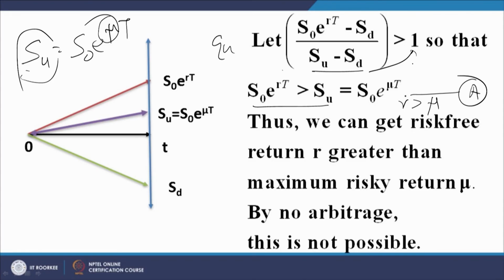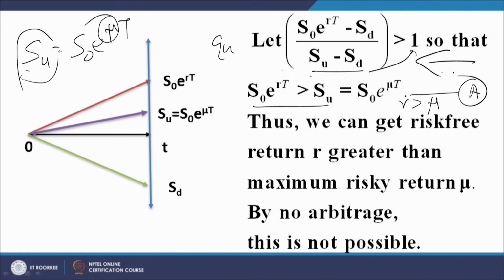On both counts, return and risk, your investment in the stock is inferior to your investment in the risk free asset. This is not allowed by arbitrage considerations, and as a result, this condition that we started this discussion with will not hold.